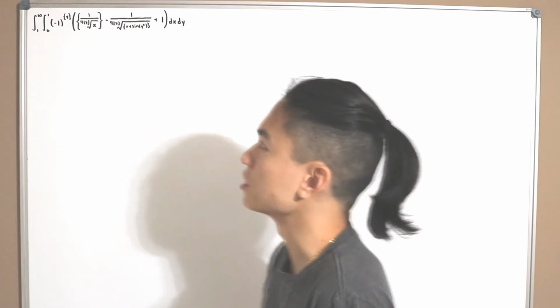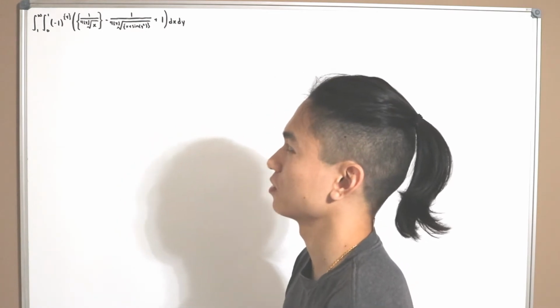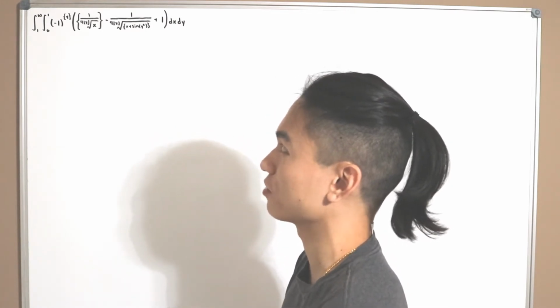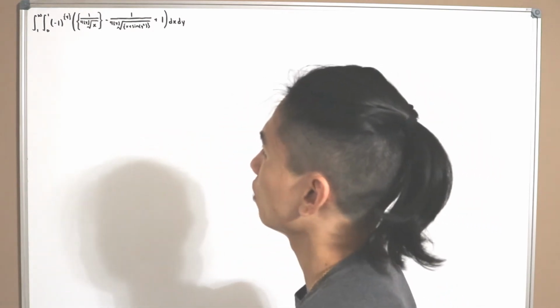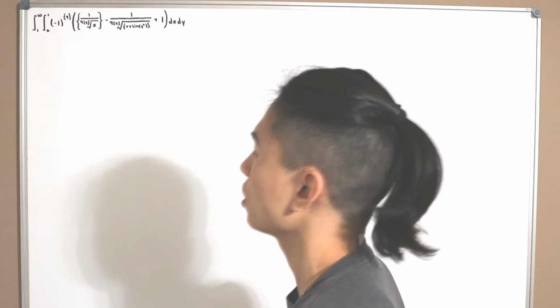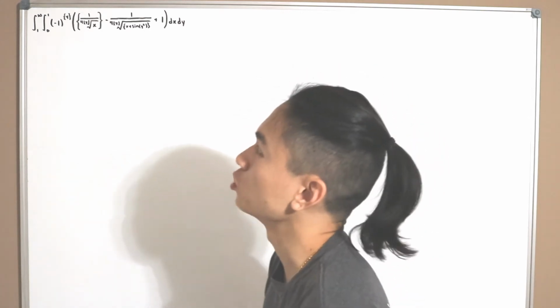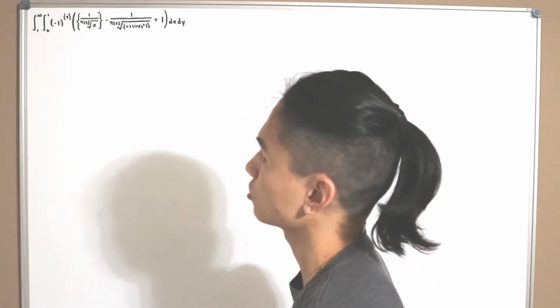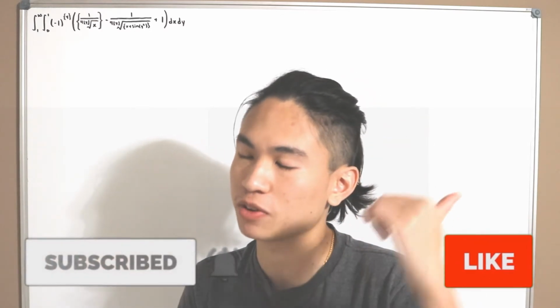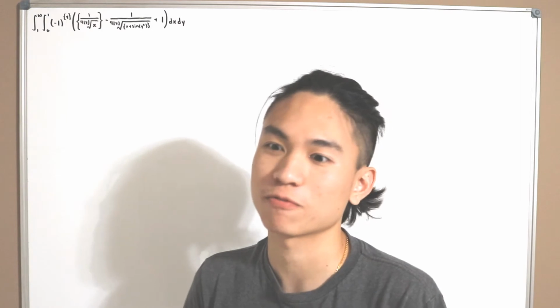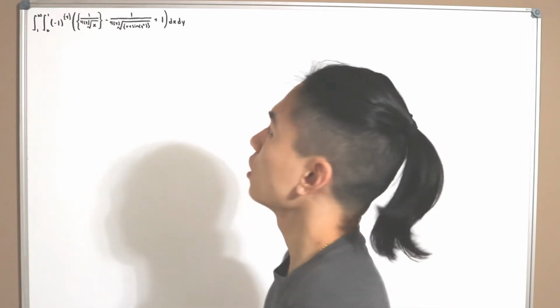In today's video we have a double integral that's definitely going to give you nightmares, I can tell you that for sure. The double integral from 1 to infinity and 0 to 1 of -1 to the power of the fractional part of y. I almost said factorial when I made a previous integral a long time ago. It's supposed to be fractional.